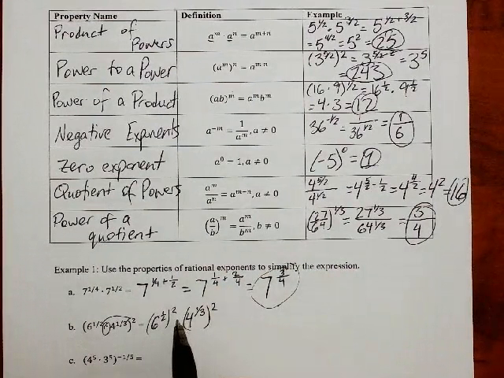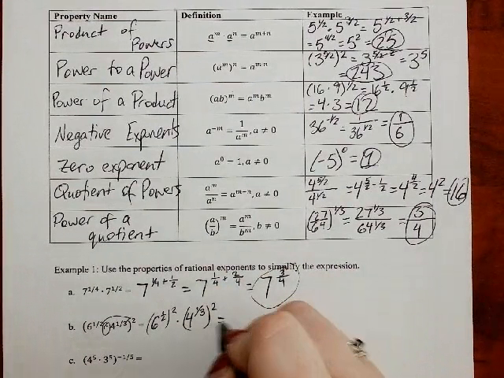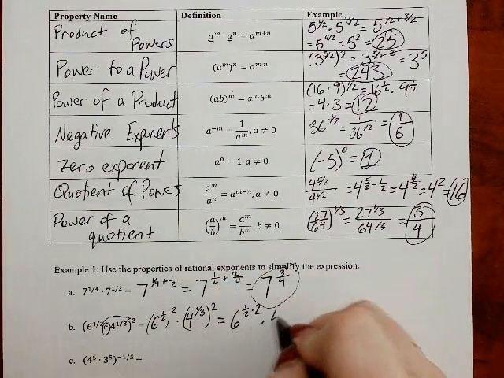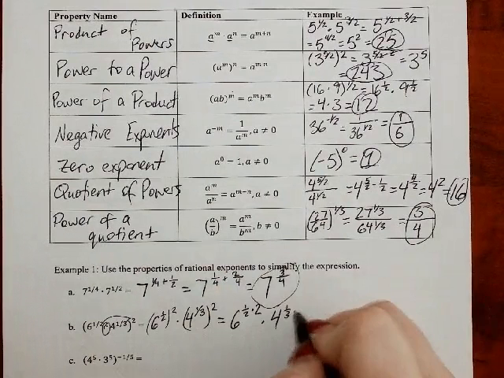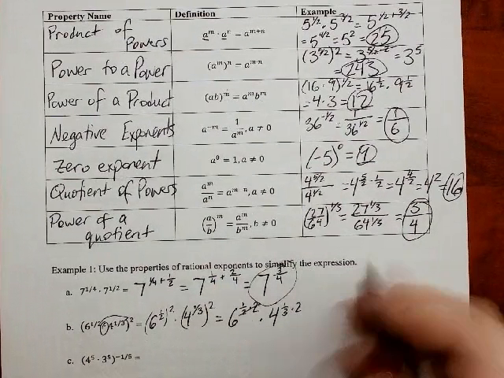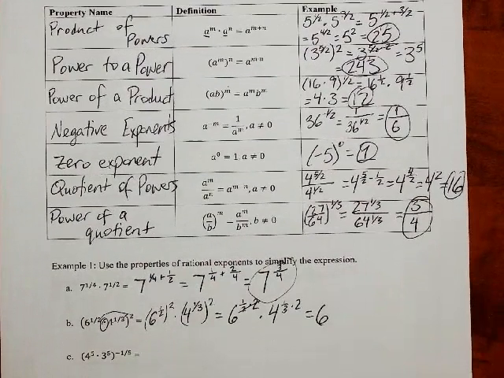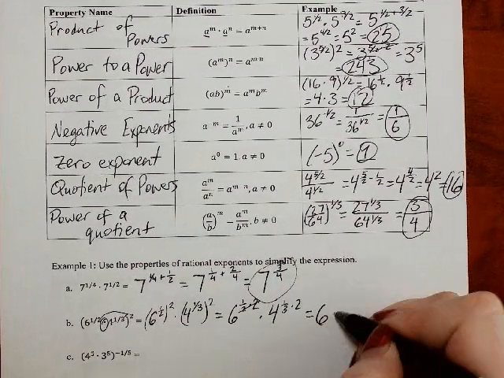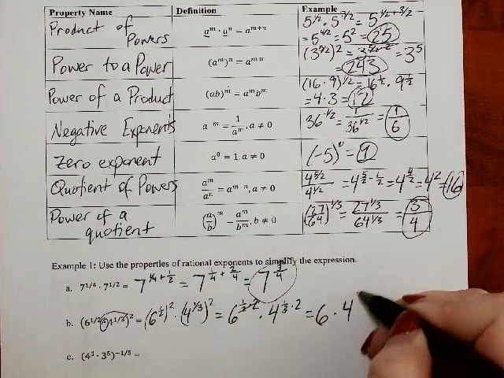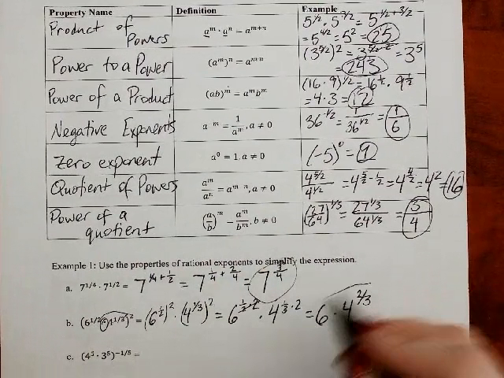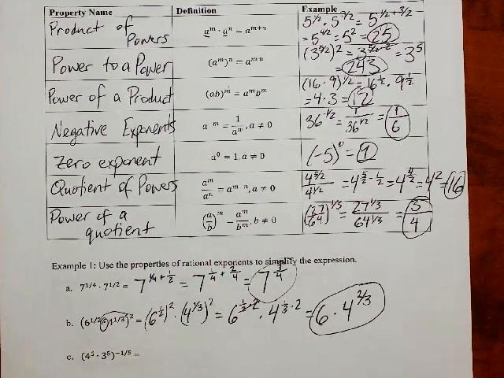So we can multiply our exponents. So 1/2 times 2, 1/3 times 2. These 2's cancel, so we just get 6 to the first power, or 6. And then the 4 becomes 4 to the 2/3. And we can't simplify that anymore. So that is our answer.